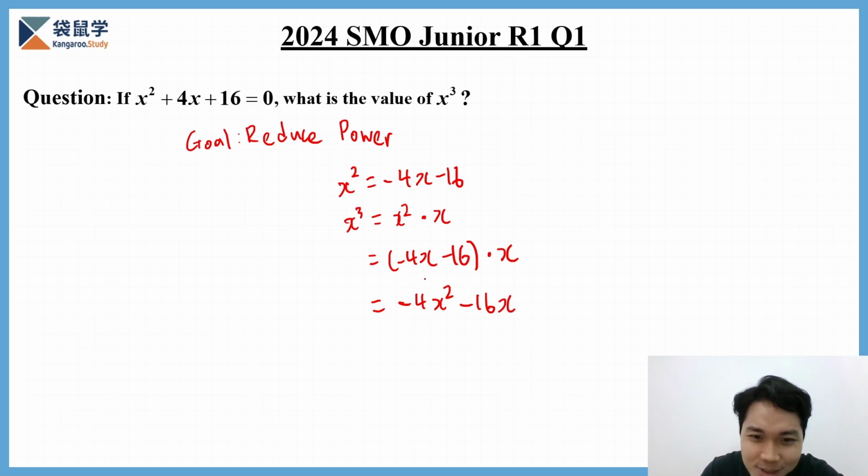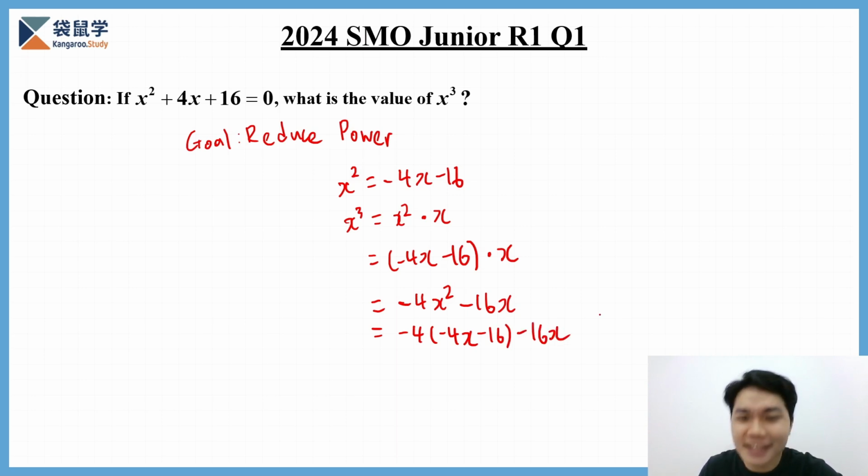Great. Let's substitute back. We have negative 4 of negative 4x minus 16. And we have another negative 16x. And when we expand, we have negative 4 times negative 4x, we get 16x.